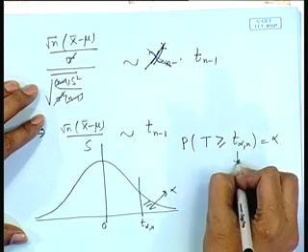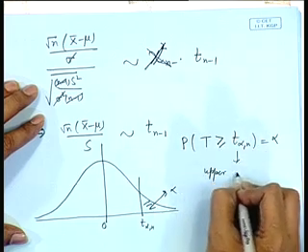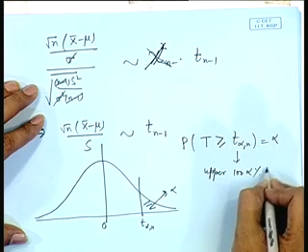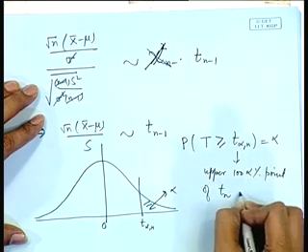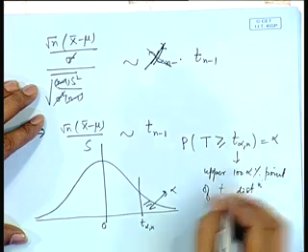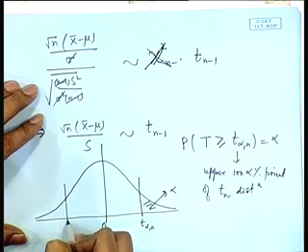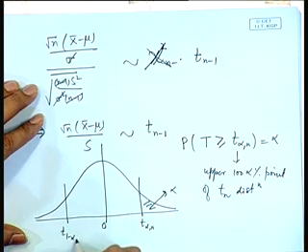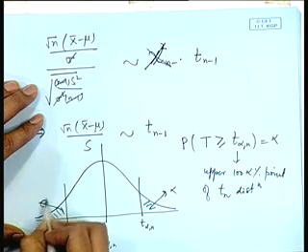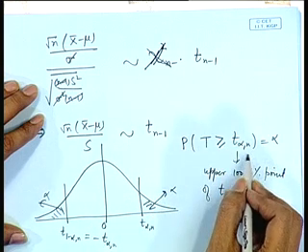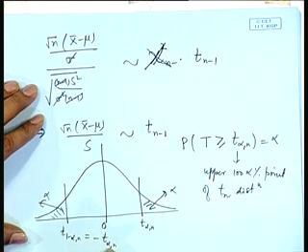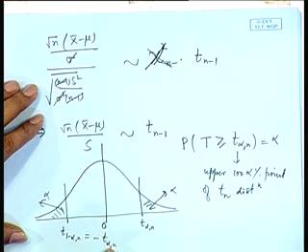That means, T alpha n is the upper 100 alpha percent point of T distribution on n degrees of freedom. Because of the symmetry, if you consider T 1 minus alpha n, then that will be equal to minus T alpha n. That means, if this value is alpha, then this point is T 1 minus alpha n by this definition, but because of the symmetry, this will be equal to minus T alpha n.